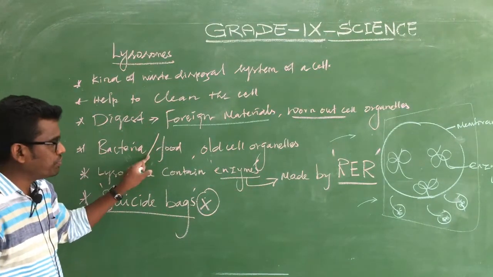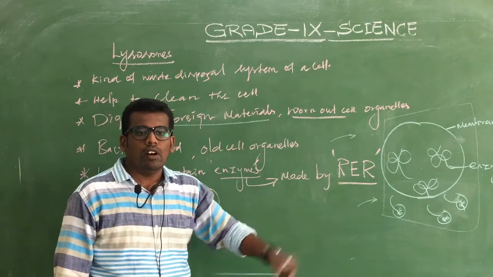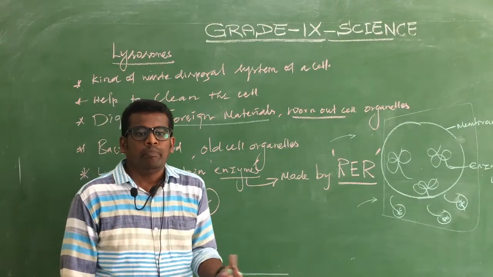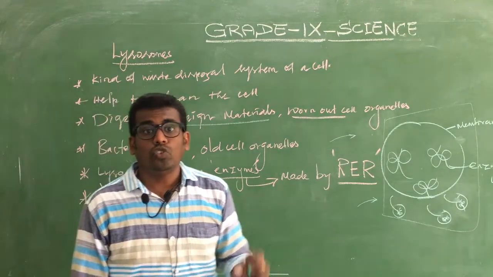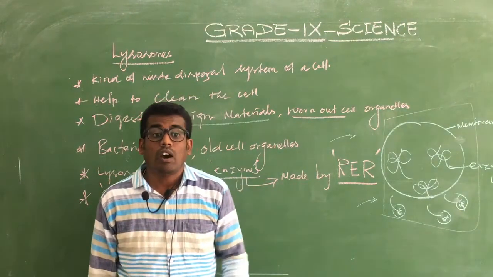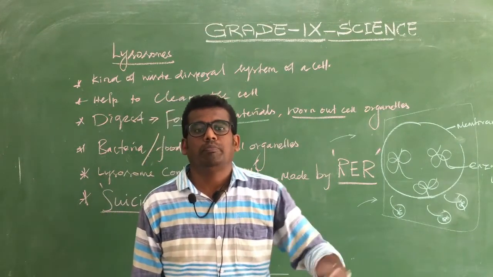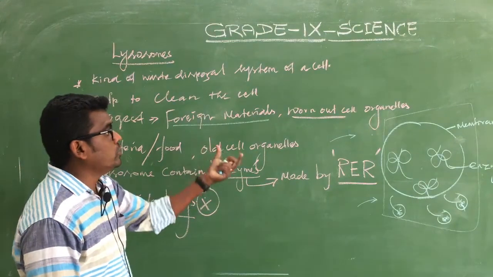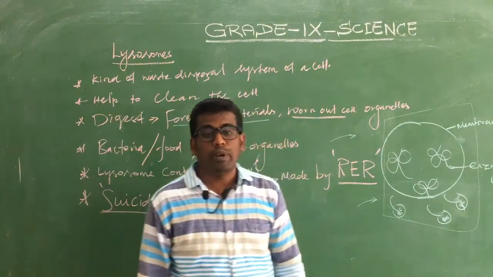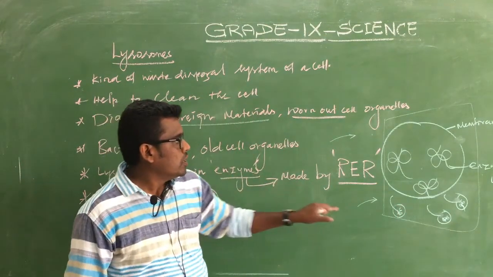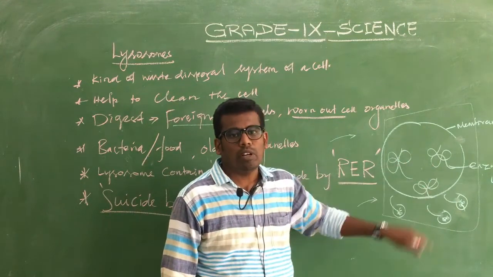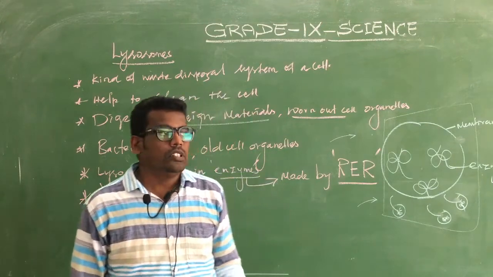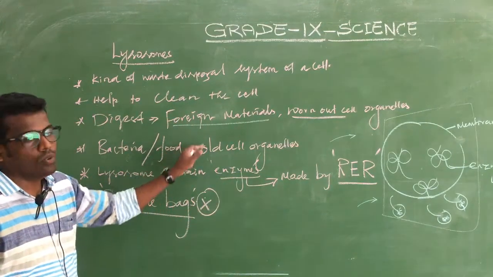Bacteria or food or any old cell organelles, if they are inside the cell, suddenly break down into smaller pieces. How will it digest? This lysosome is a sac-like structure, a membrane bound sac, so inside, enzymes are present. Enzymes are chemical substances, and these chemical substances alone break down these things.